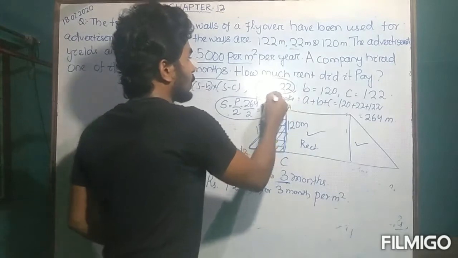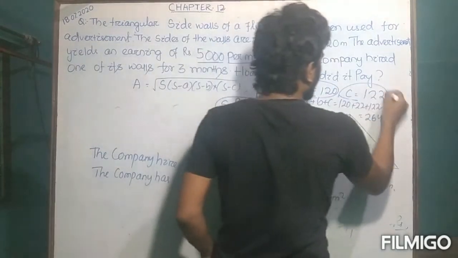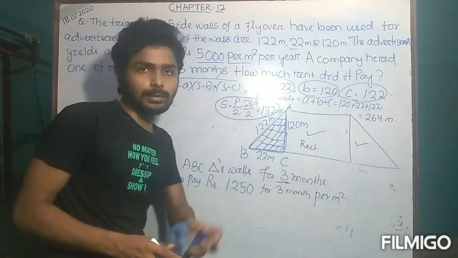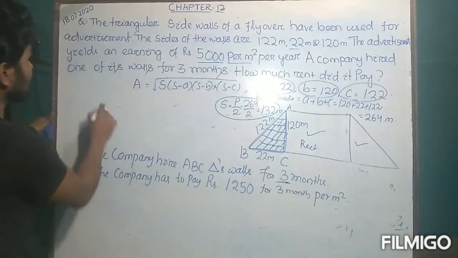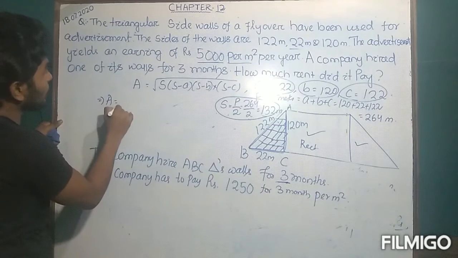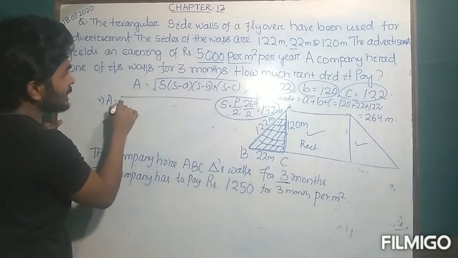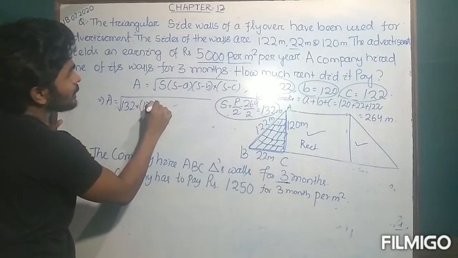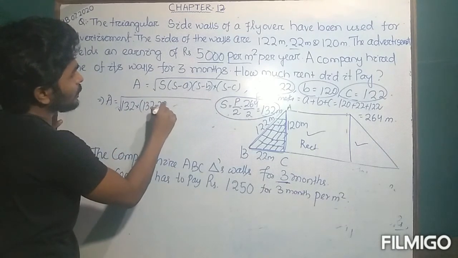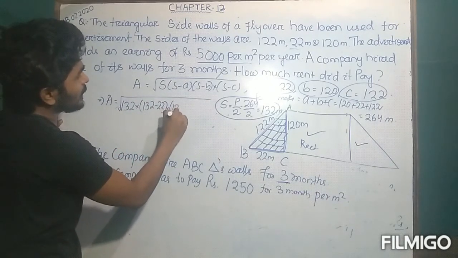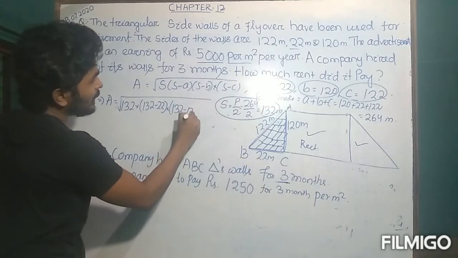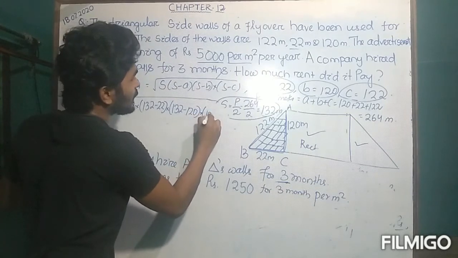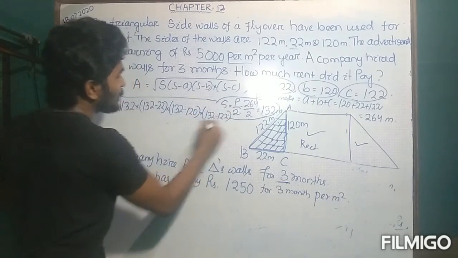You also have A, B and C. Now you can use the formula and find out the area of this triangular wall. So area is equal to square root of S is 132 into 132 minus A is 22 into 132 minus B is 120 into 132 minus C is 122.